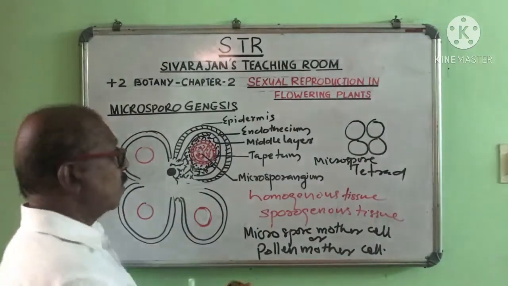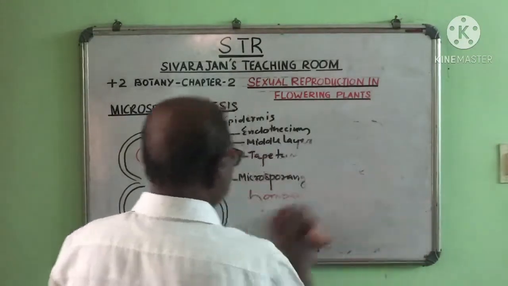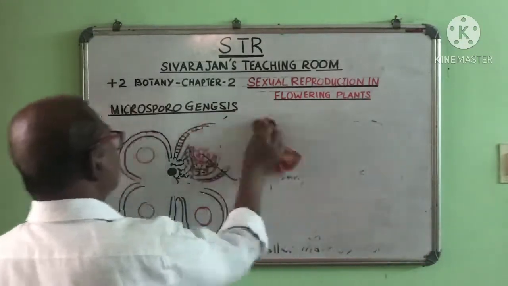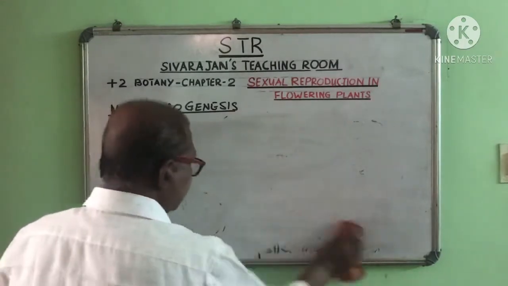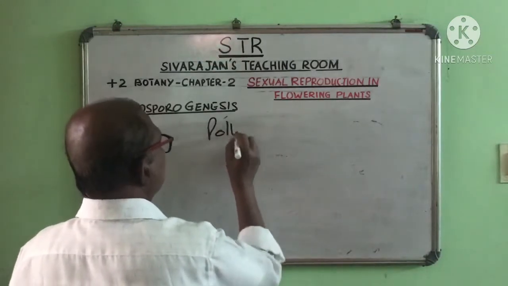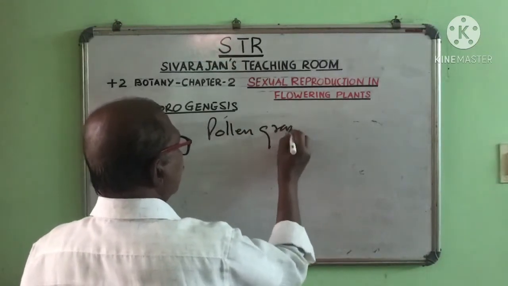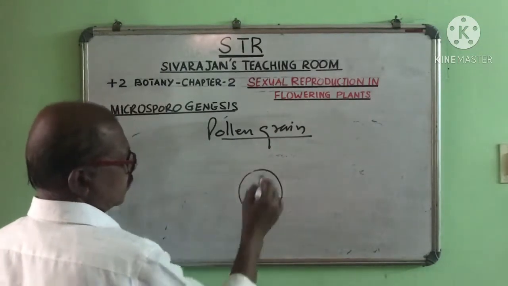What is the structure of a pollen grain? A pollen grain has 2 coverings.